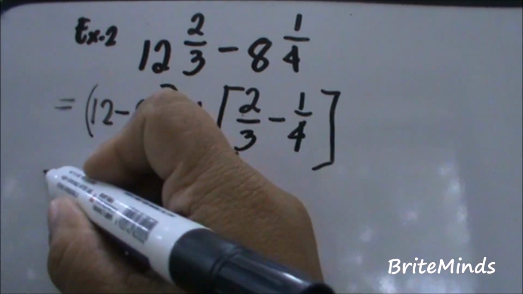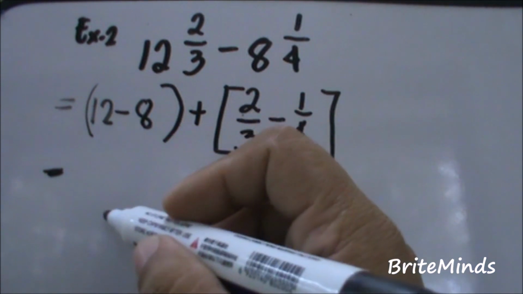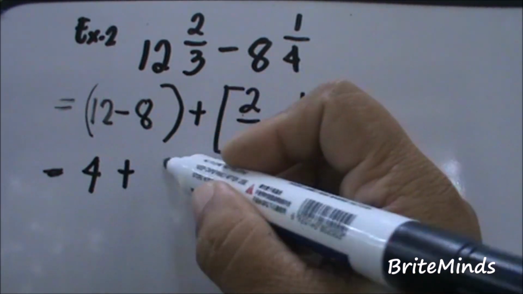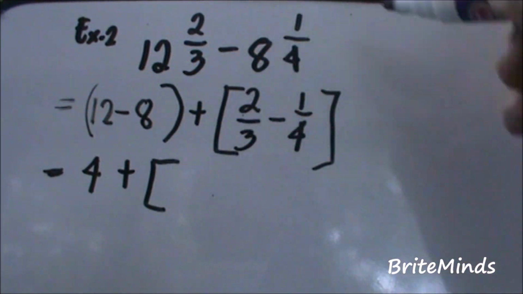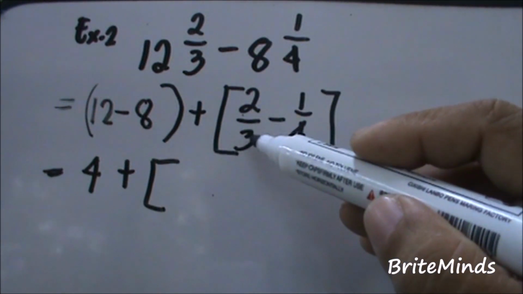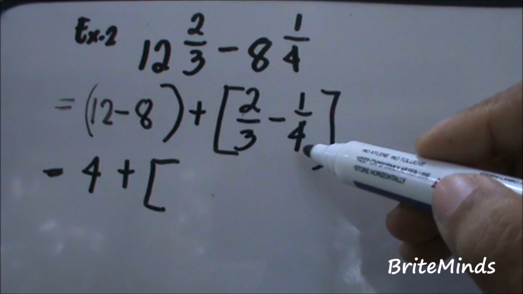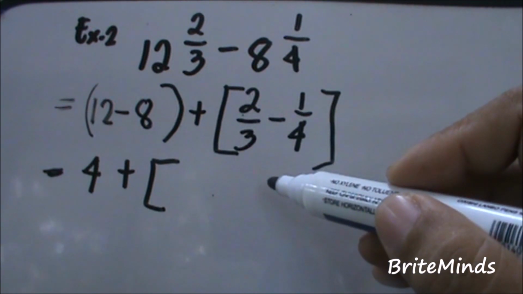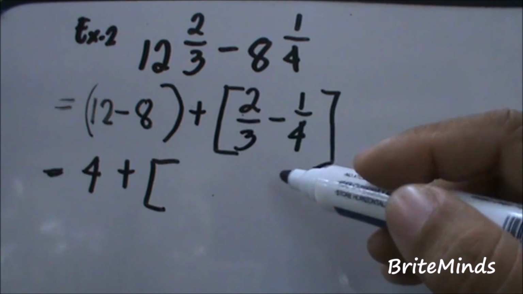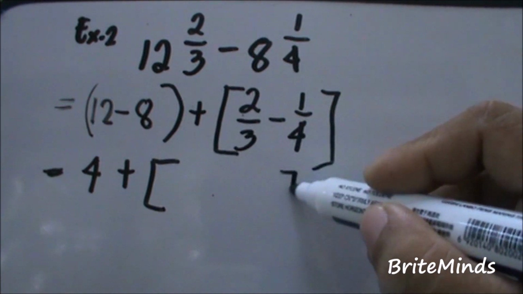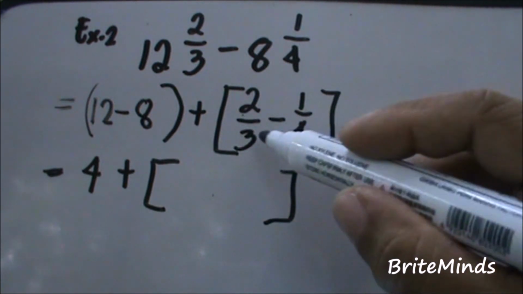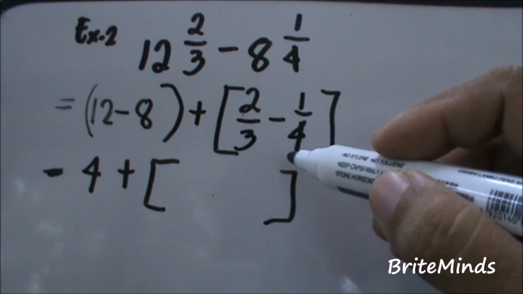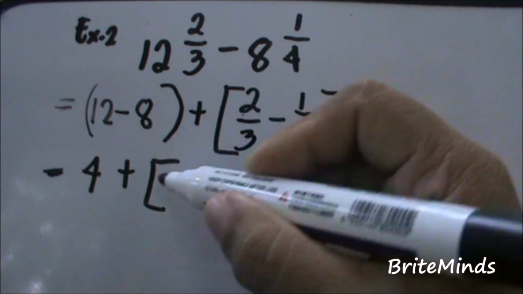So equals 12 minus 8 is 4 plus, since the denominators of these two fractions are dissimilar, we need to obtain first the least common denominator. So the least common denominator of 3 and 4 is 12.